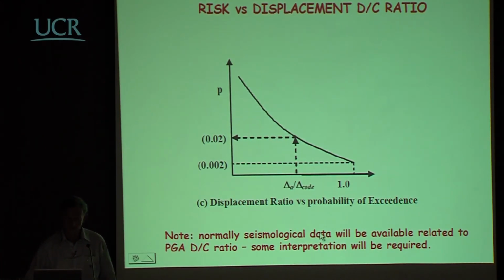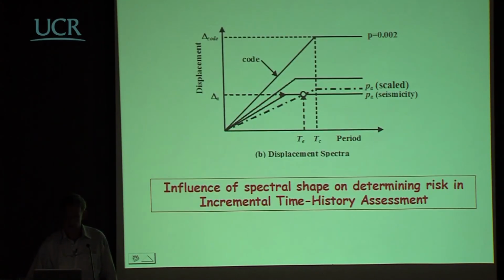And we note that normally seismological data will be available related to the peak ground acceleration demand capacity ratio, but some interpretation will be required in a displacement-based environment. And this just shows the difference of performance between a code level spectrum here and the calculated capacity here.